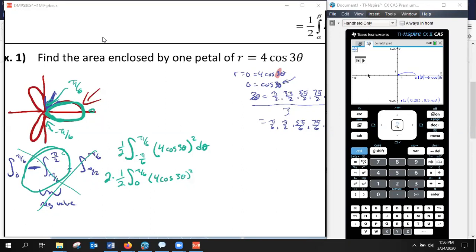If I wanted to work with this region, that would be from pi over 2 to the next intersection, which is 5 pi over 6. So we have lots of choices if we want to find the area in one petal. The easiest one tends to be those that are centered around 0, because anytime you plug in 0, you tend to have some nice values.